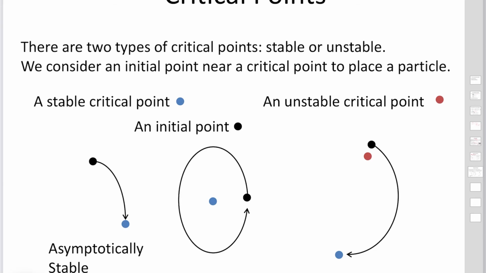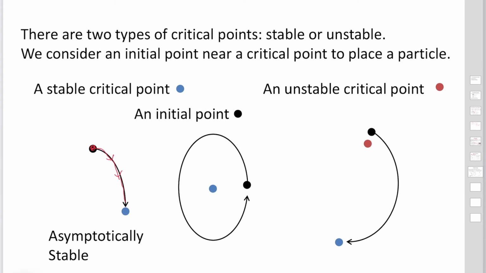In the first case, this is the initial point, and the particle approaches some point. In this case, it is an asymptotically stable critical point. So this critical point, shown as the blue point, is a stable critical point, because the particle approaches the critical point.